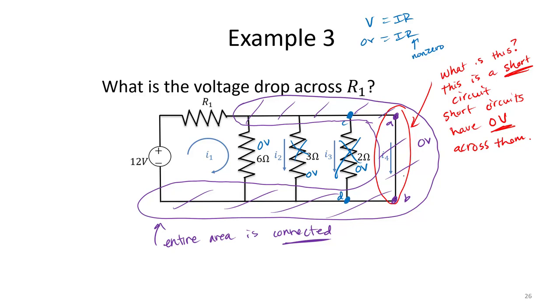There is no current. No current will flow through the 6 ohm, 3 ohm, or 2 ohm resistors.